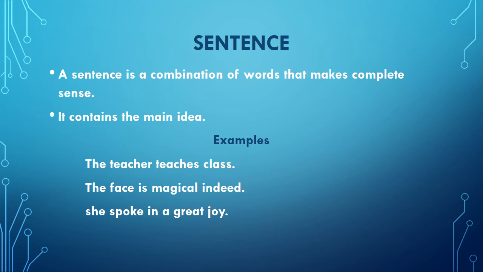Such a group of words can be called a sentence. Here are some more examples: the teacher teaches class. The face is magical indeed. She spoke in a great joy. These are a few examples of a sentence because they convey a complete idea, a complete thought.